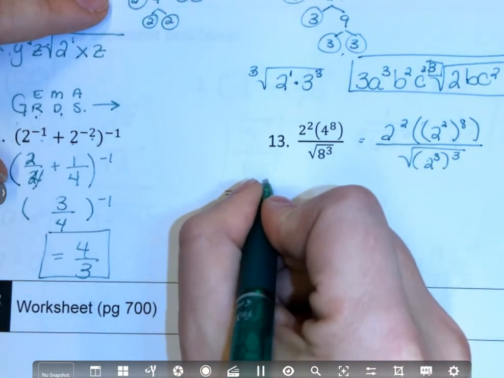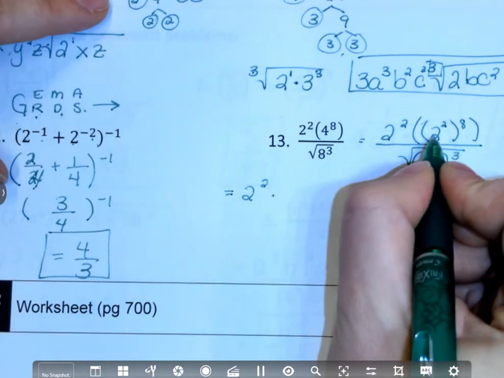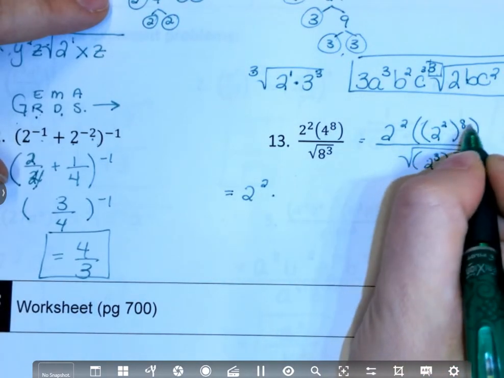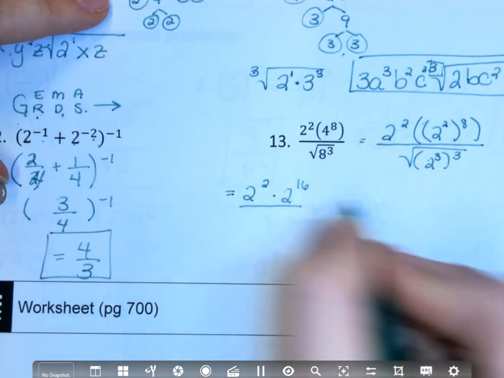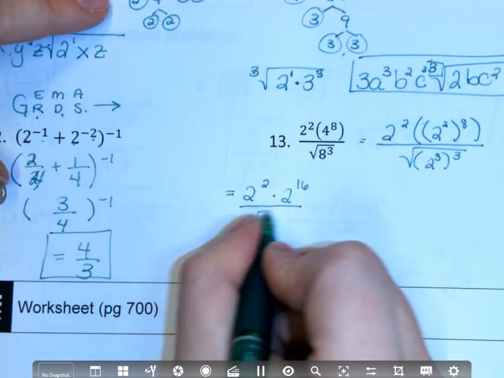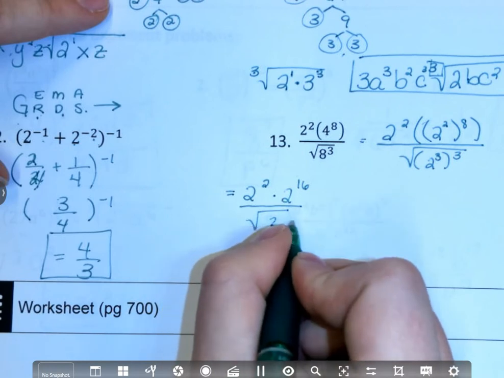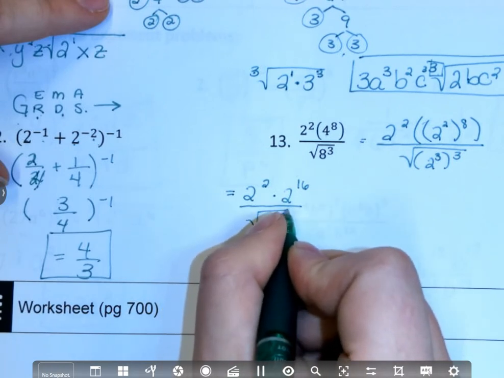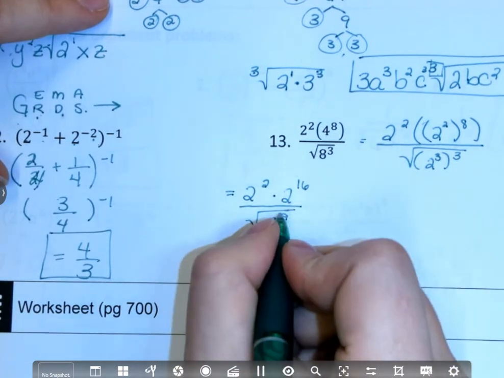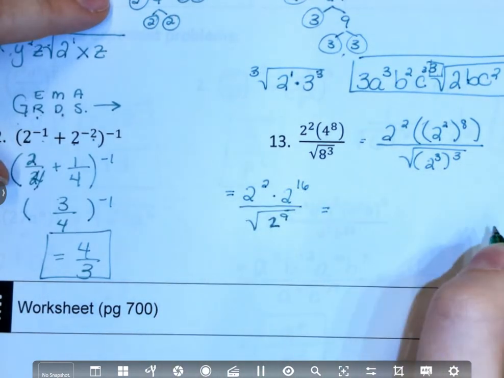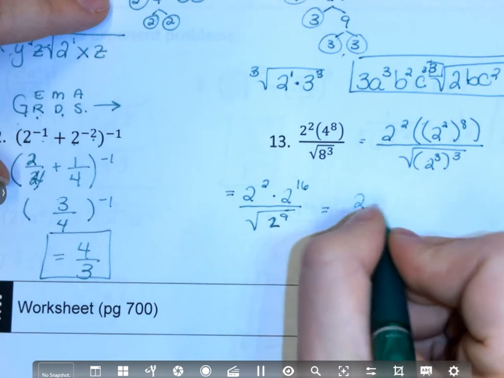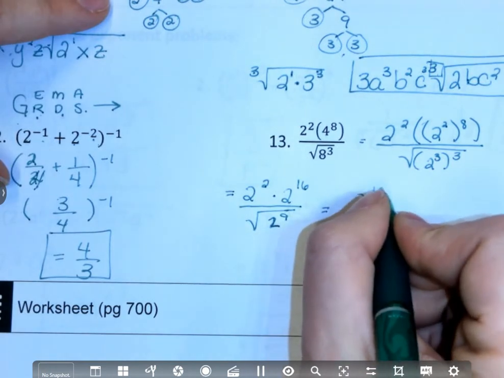So it means I would have 2 squared times 2 to the 16th over the square root of 2 to the 9th. Yeah, the 9th. 2 squared and 2 to the 16 is 2 to the 18th.